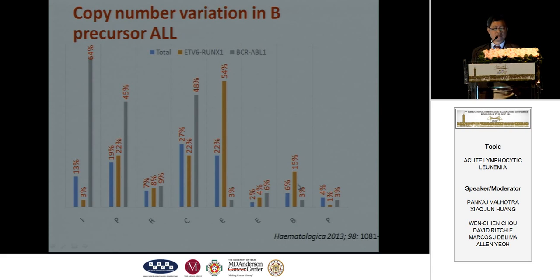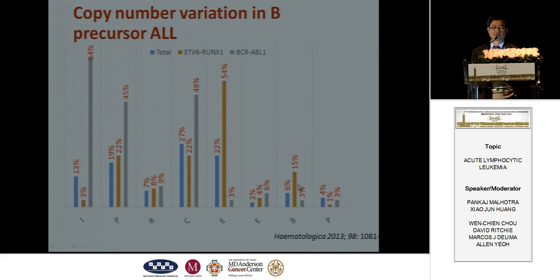And PAX5 deletion occurs in 19% of all patients, and the incidence can be up to 45% in those with the Philadelphia chromosome. And this shows that cyclin-dependent kinase inhibitor deletion occurs in up to 27% of all patients, and the incidence in Philadelphia-positive ALL is 48%.